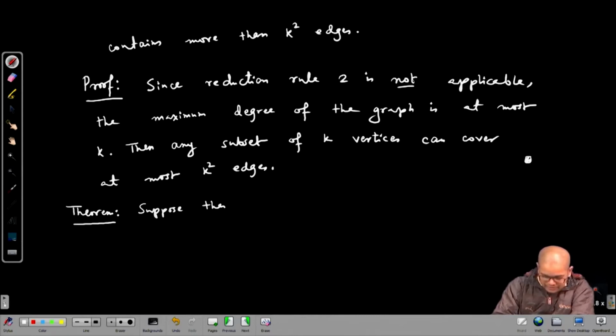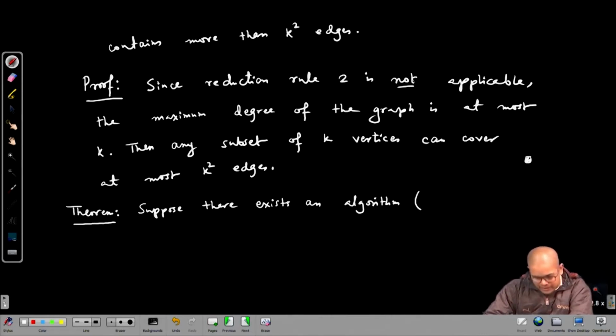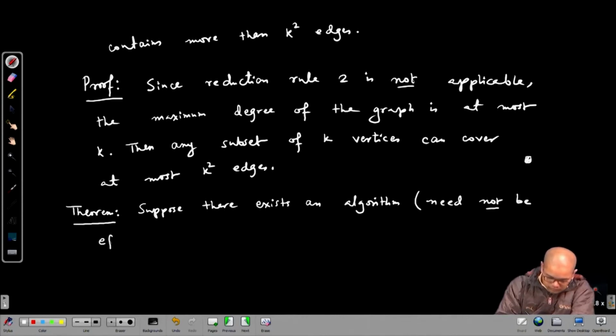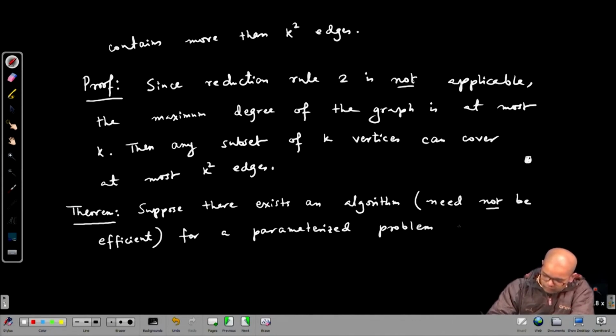Suppose there exists an algorithm, need not be efficient, for a parameterized problem pi.